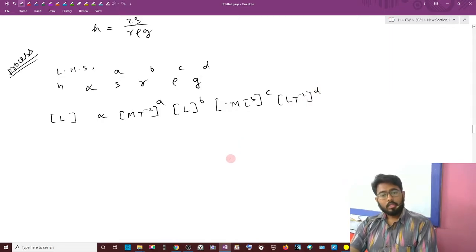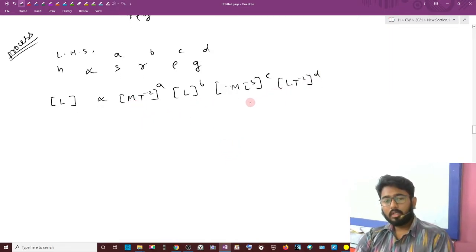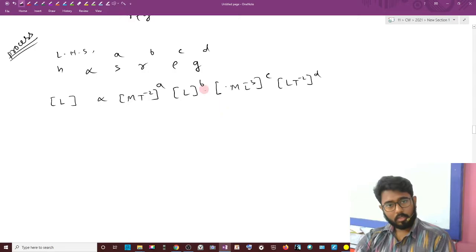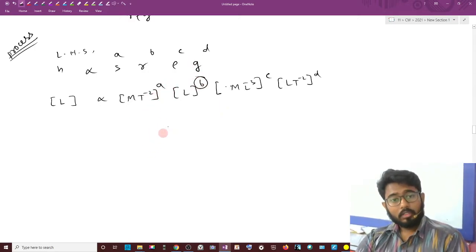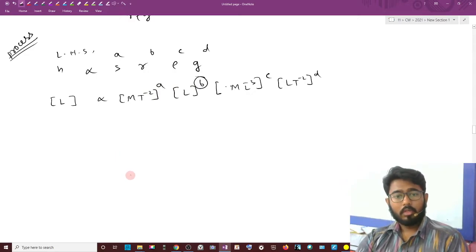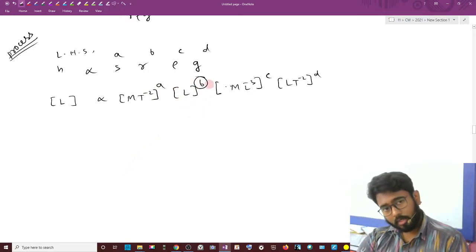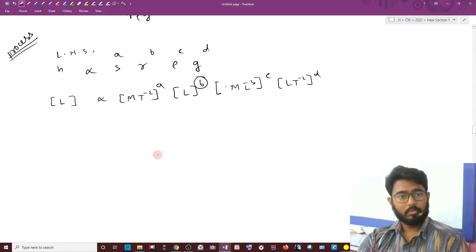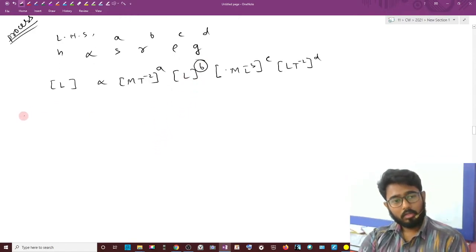Now see, we can have three equations. Okay, now if we can reduce one variable, then that will be helpful for us. Okay, let us see how we can do that.